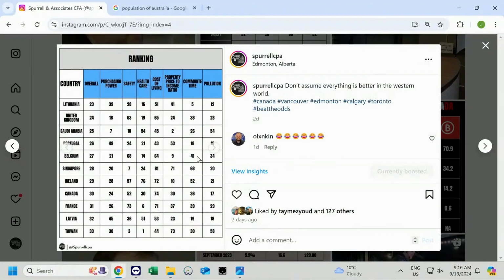Cost of living, 74th best in the world. That means there are 73 countries better than Canada in terms of cost of living. This has gotten worse. Like, come on, people, this has gotten worse in the last 10 years, right? It's been getting worse since 1971, but that's beside the point.